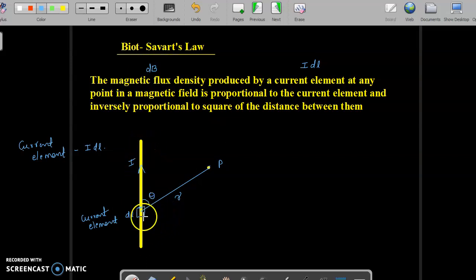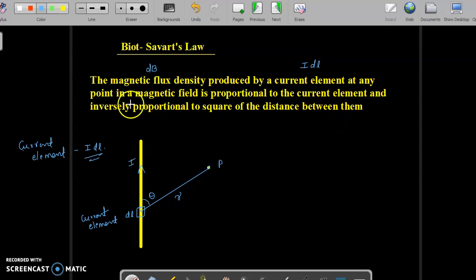We consider a small section of the conductor whose length is dl, then the current element is I dl. Let us take a point P at a distance r from the current element. If you connect the point P and dl, it makes an angle theta with the conductor.